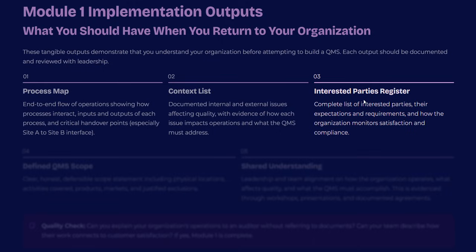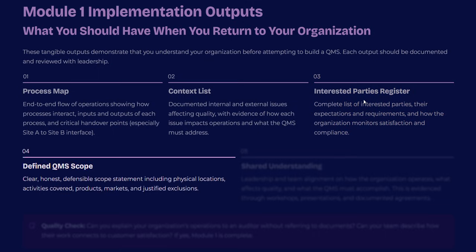Number three, interested parties register: a complete list of interested parties, their expectations and requirements, and how the organization monitors satisfaction and compliance.